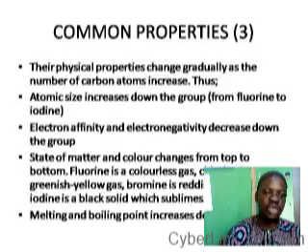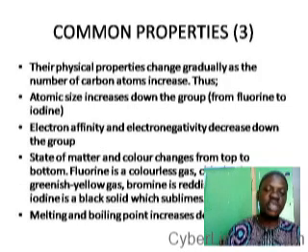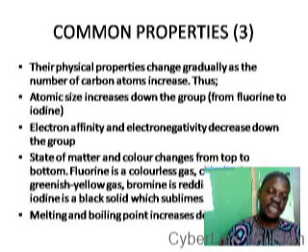Now, if you look at what we have been talking about so far, we have been talking about fluorine, chlorine, bromine, iodine, and we said that halogens are 5 in the periodic table. We have not been talking about astatine because astatine does not occur in nature.